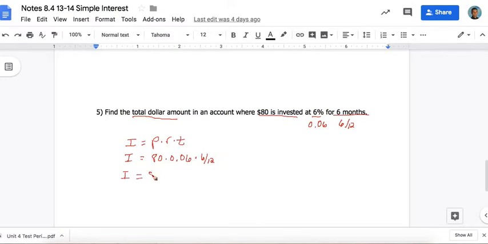And when we multiply that together, we get $2.40. But remember, that's just the interest. I want the total dollar amount, so the total is going to be $80 plus the $2.40, and that's going to give us a total of $82.40.